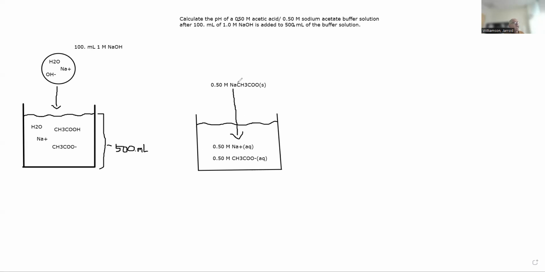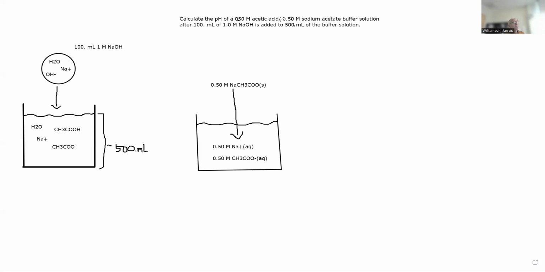And because it's a 1-to-1 proportionality between sodium ions and this, and acetate ions and this, whatever the concentration of the sodium acetate solid was, whatever you calculated it to be when you drop it in, that's going to be the concentration of your sodium ions and your acetate ions.